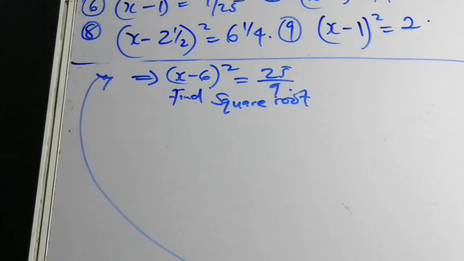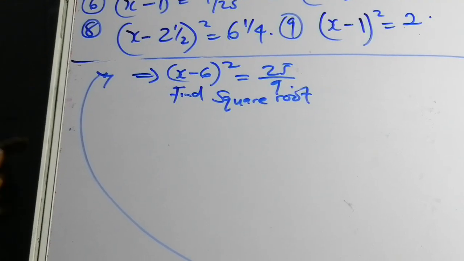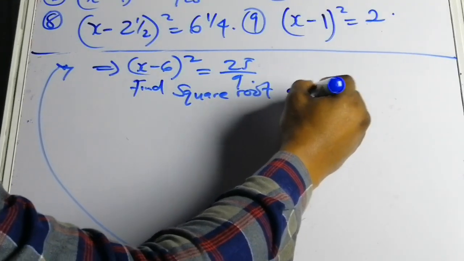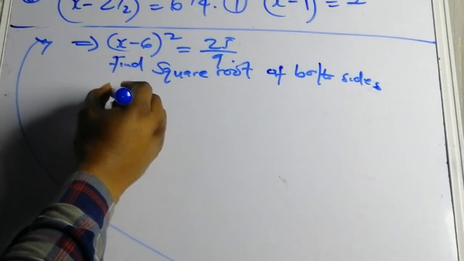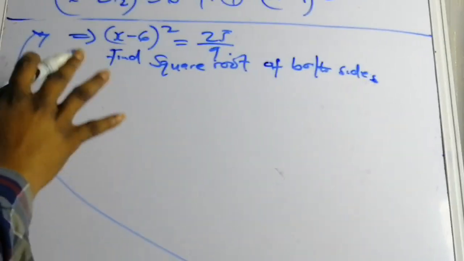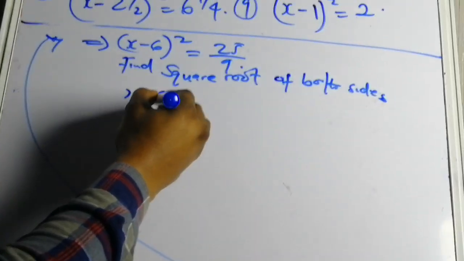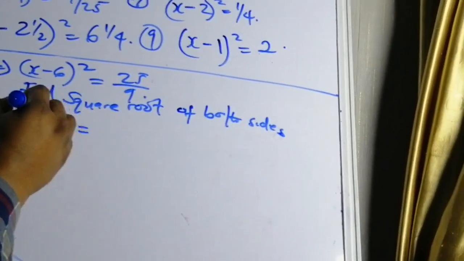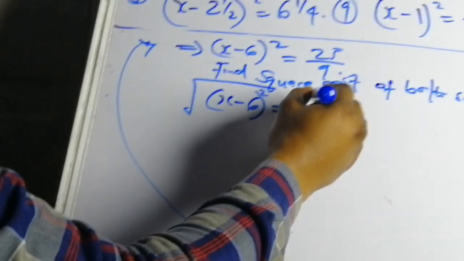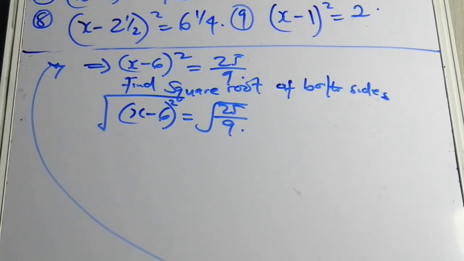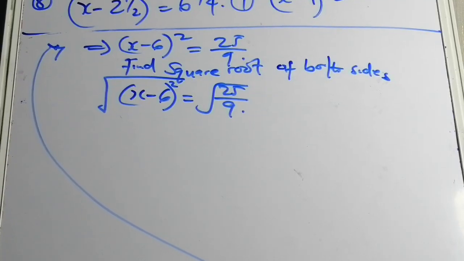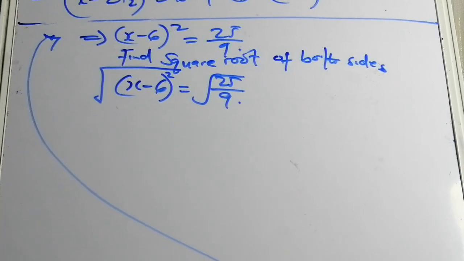But if it comes out in the theory, you need to show your working. Find the square root of both sides. Because each of those steps carries its own mark, you have (x minus 6) raised to power 2, square root, equals square root of 25 over 9.